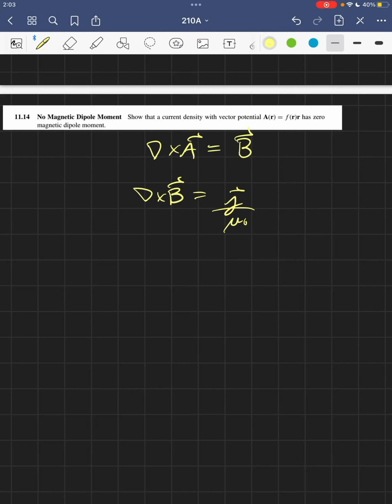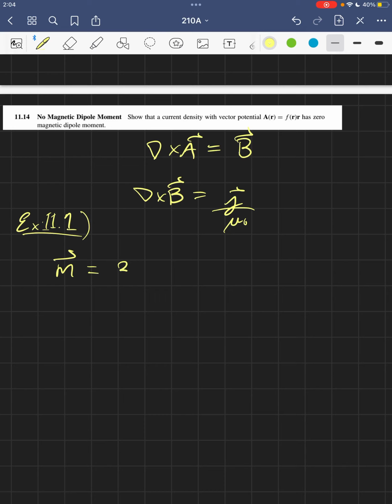And then go into the integral form as before. But what you can also do is use this, which is given in Zangwill as example 11.1. So this is just another way of doing these problems.